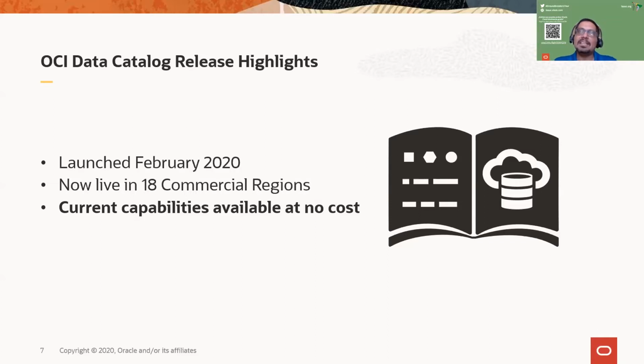Catalog can enable that by providing the metadata management service around it, and that's why we believe that it's a critical component of the overall ecosystem, and currently we have made it free so that you can start using it. And like I said earlier, it already supports a variety of different sources on Oracle Cloud, as well as on-prem, and you can start using it for harvesting data from those sources.